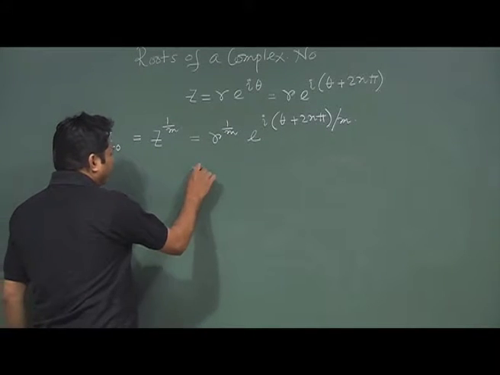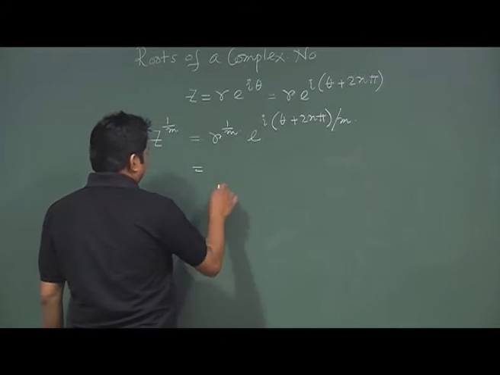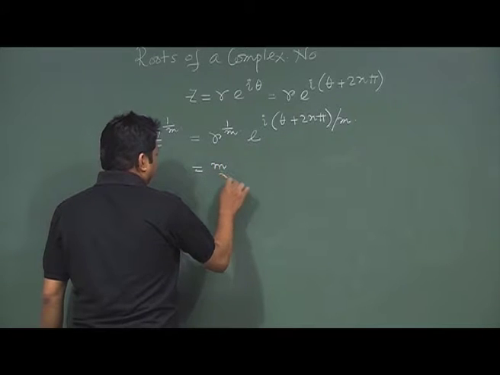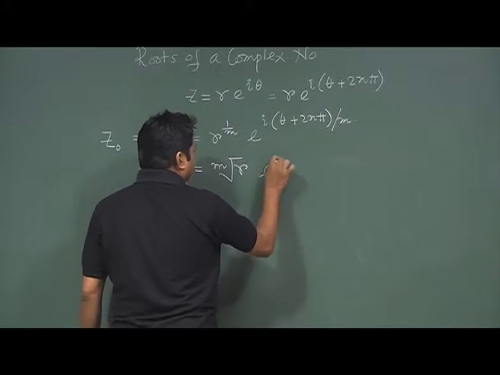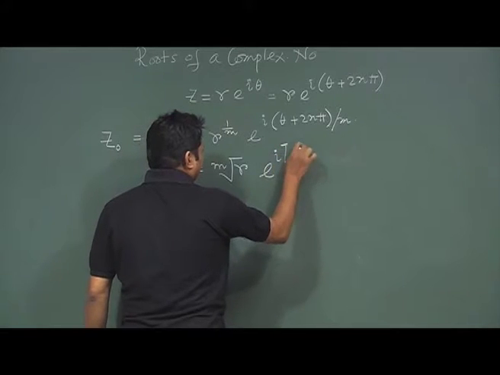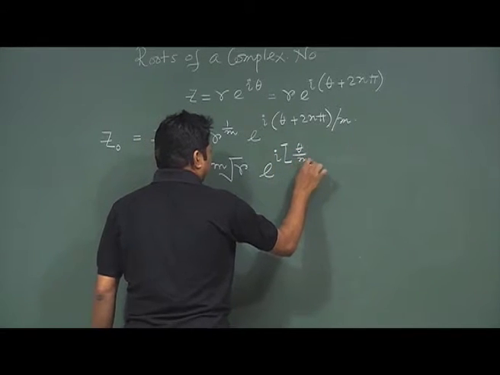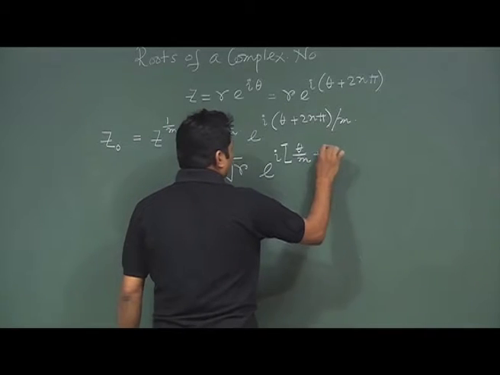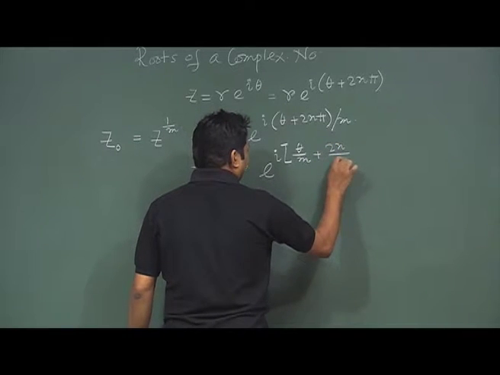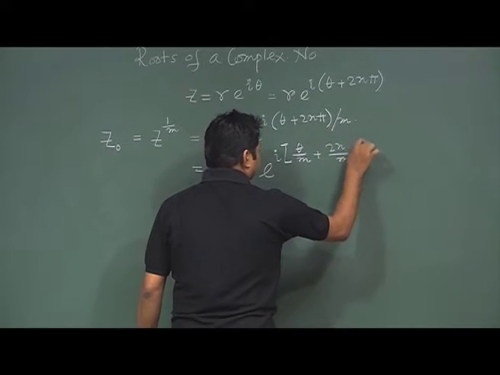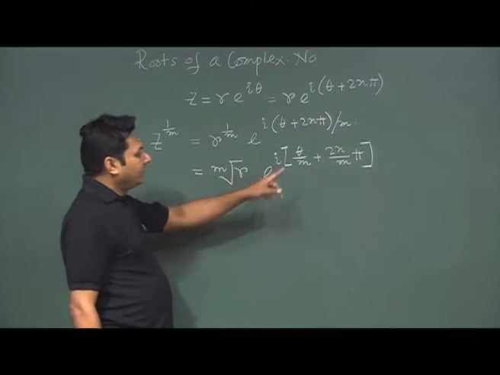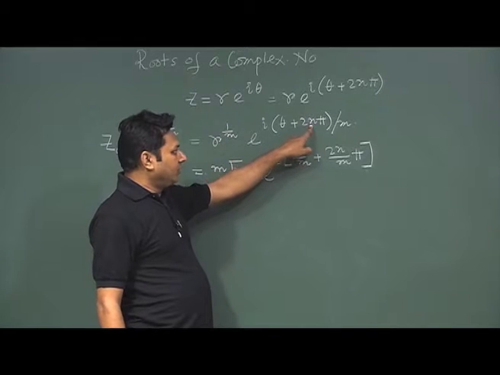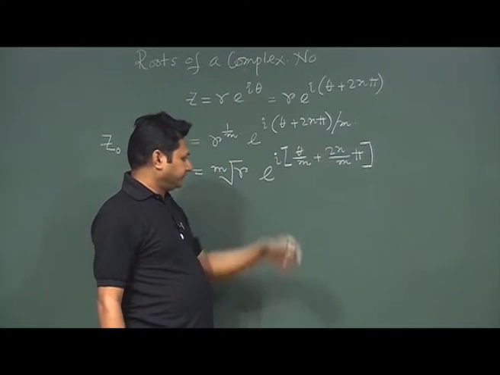So, if I write, it will be the mth root of r, e to the power i (theta by m plus 2 n pi by m). Now, this value of n is 1, 2, 3, 4, 5, 6, 7, 8 and so on.